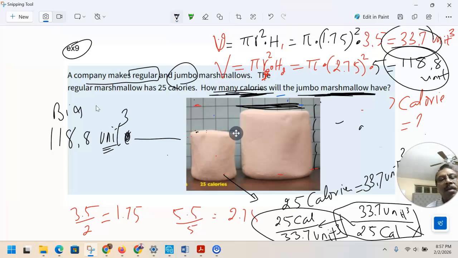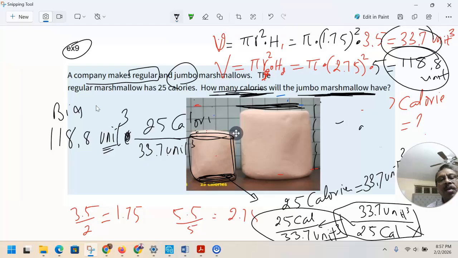So you're multiplying 118.8 unit cube by the rate, with 25 calories on top and 33.7 unit cube at the bottom. This is the smaller piece, and we are using this rate, saying that the volume is down and the number of calories is up.